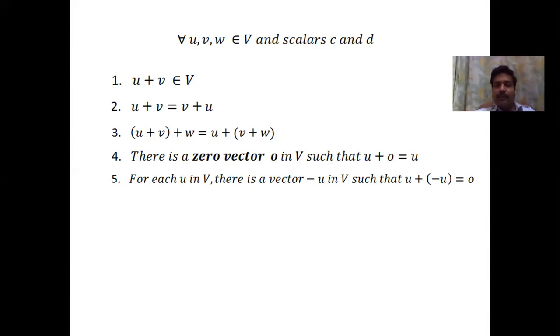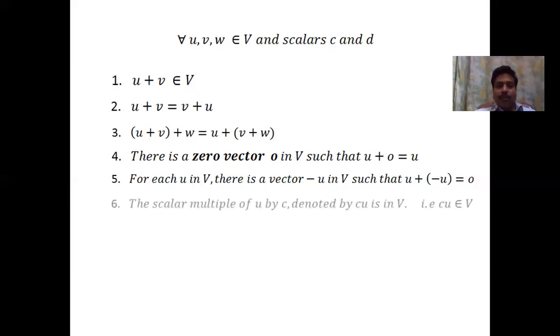All these conditions are related to vector addition. So the symbol plus, we can call it vector addition. Now we can say that V is an abelian group with respect to the operation vector addition.